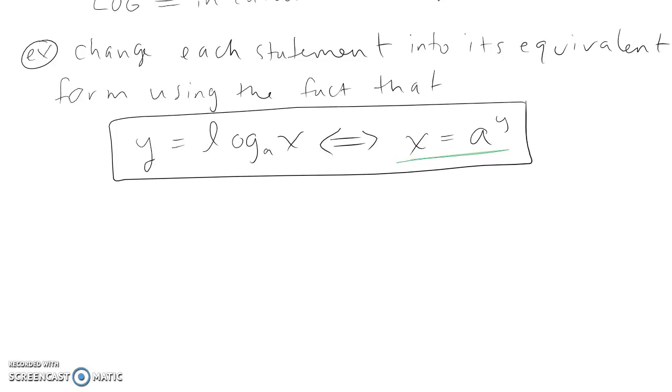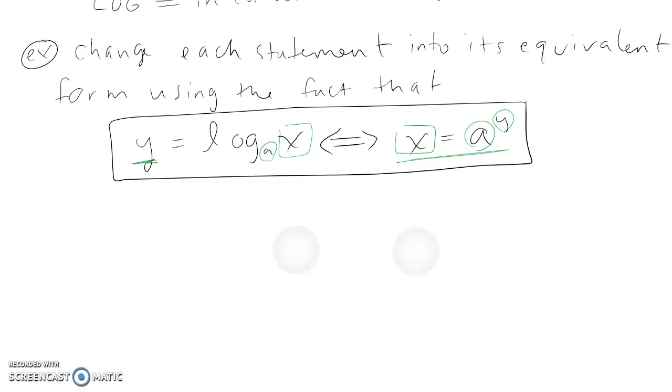And the idea is that we can say this y here, this exponent, is equal to the log base a of x. Notice this base a is the same as this base a. That's not coincidental. So this x here is the same as this x here. This is a really important definition that you actually need to memorize.